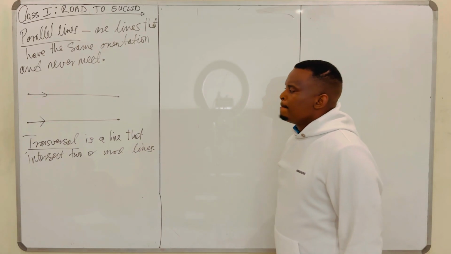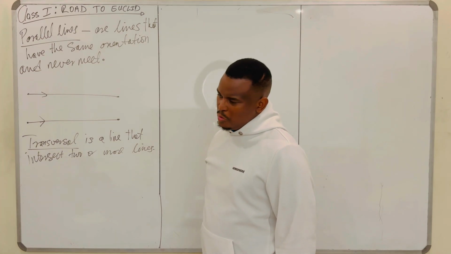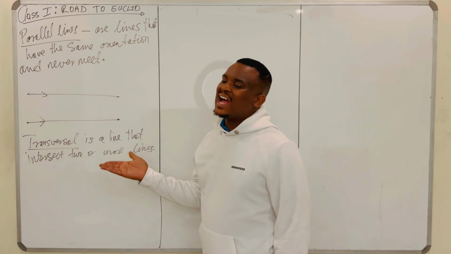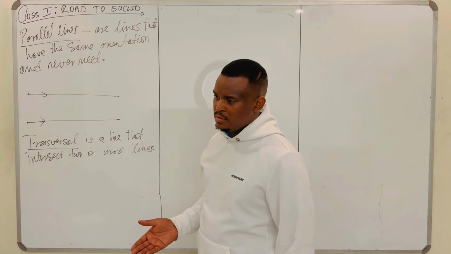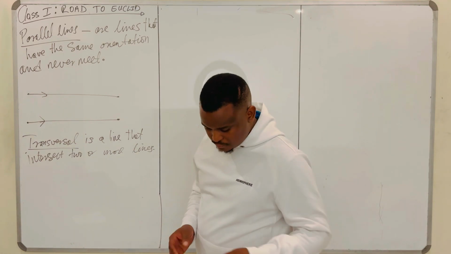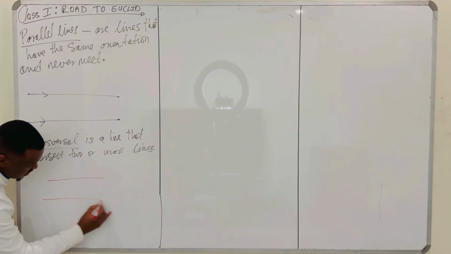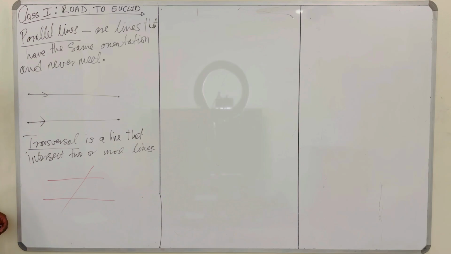But the ones that you will be working with mostly, or the ones that we are more concerned about, are the transversals that cut parallel lines. Are you with me? Yes. So, if you have this line and this line, and these two lines are cut by a third line, that line is called a what?